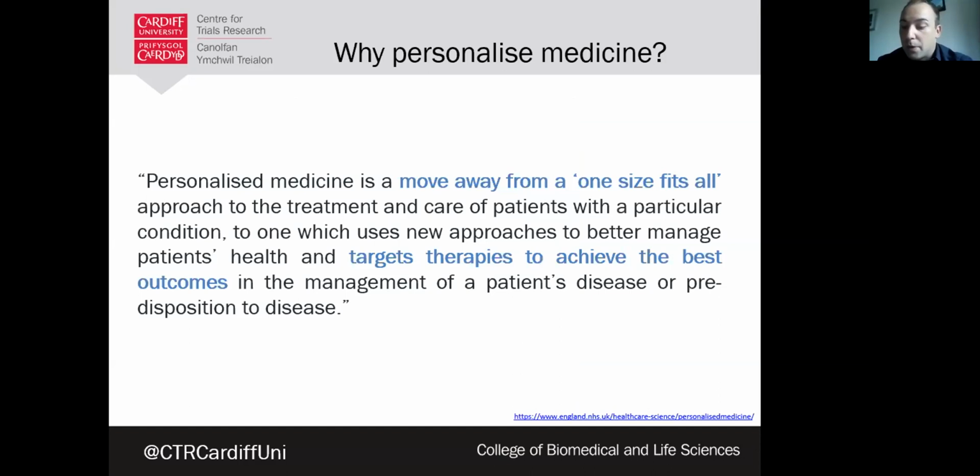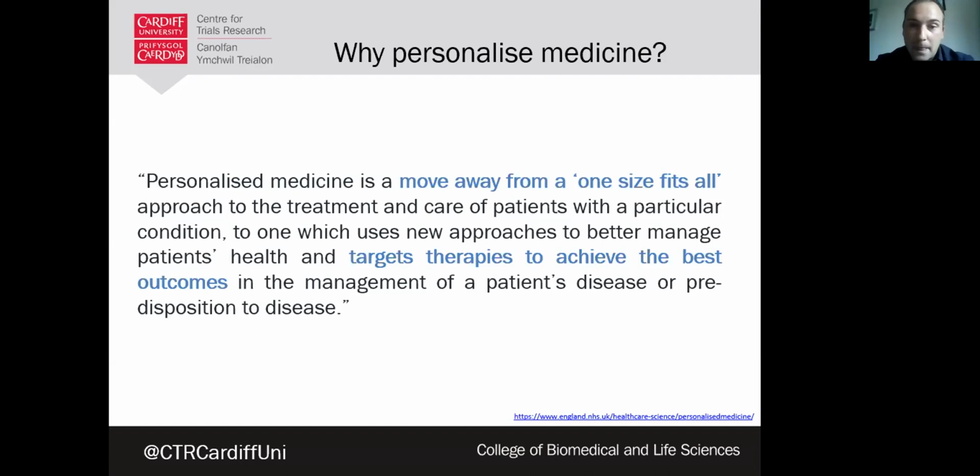So what personalized medicine does is it moves away from a one-size-fits-all approach of medicine and tries to introduce targeted therapies that achieve the best outcomes for individual patients, which means the same disease might be different in different people and therefore might require different approaches to treatment for different people. So at the end of the day, we're treating the patient rather than the disease.